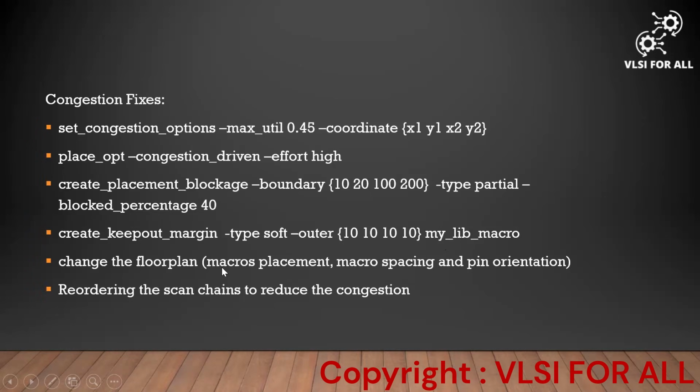Next, change the floor plan, macro placement, macro spacing, and pin orientation. Still, after using all these techniques, if we see congestion, we need to check the macro placement, and if possible go for another iteration. And still, if it has some congestion, the other step is reordering the scan chains to reduce the congestion.